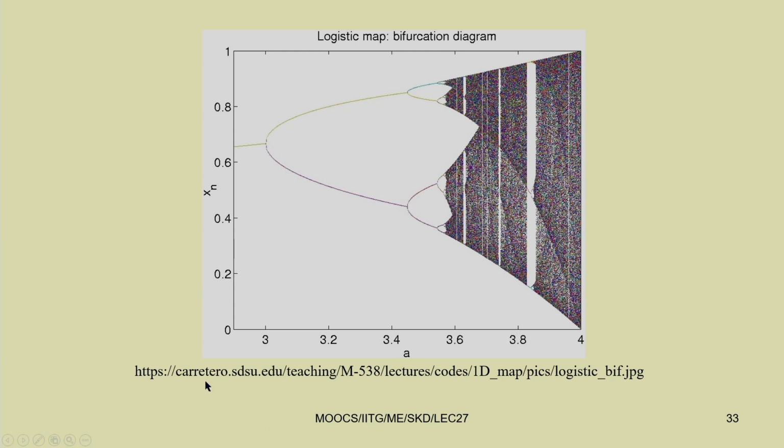By varying the system parameter, you can operate the system at different types of response: single periodic, 2 periodic, 4 periodic, or the chaotic response regime.